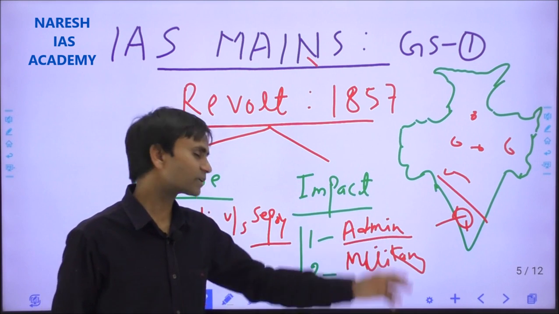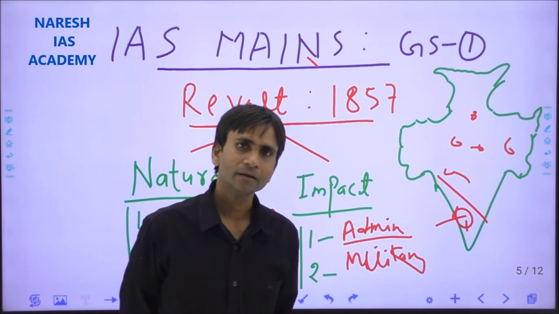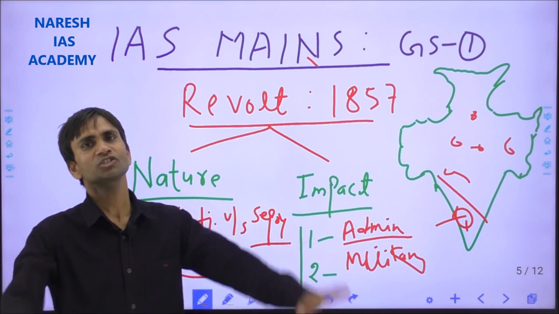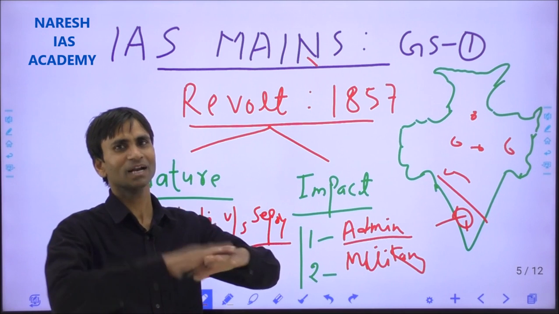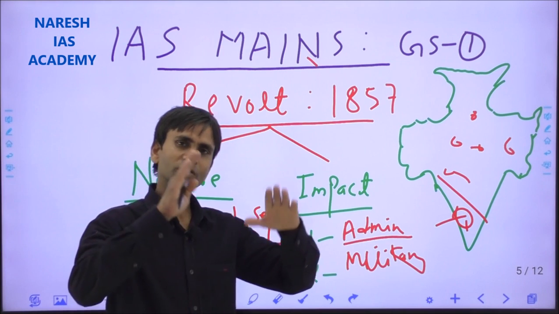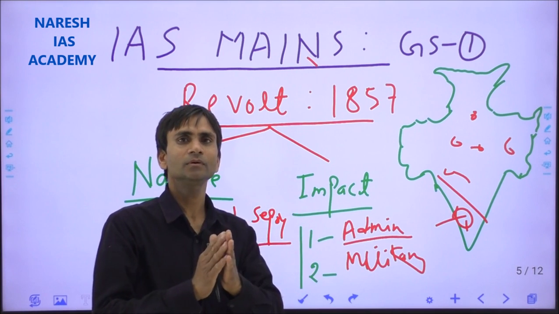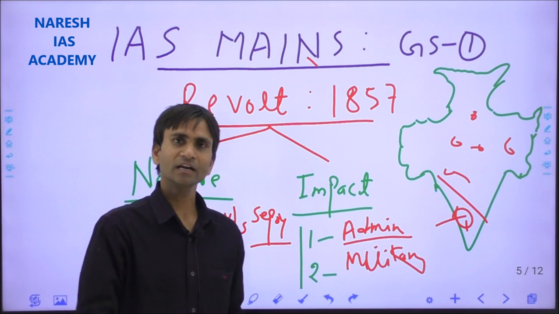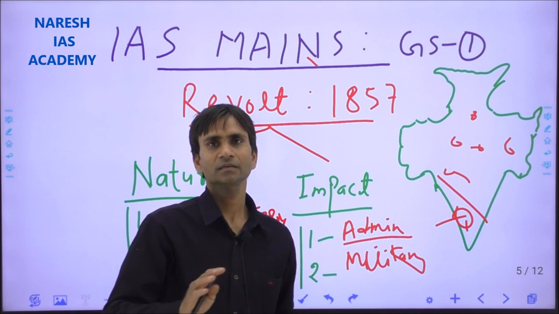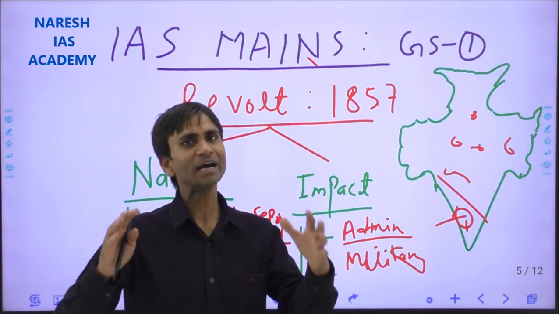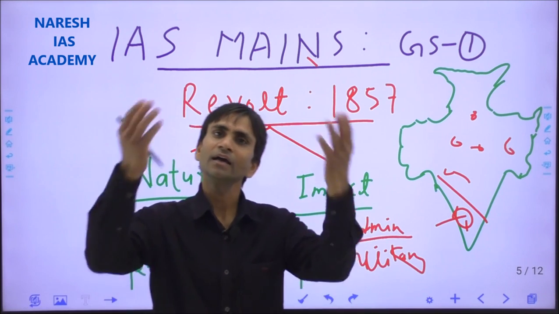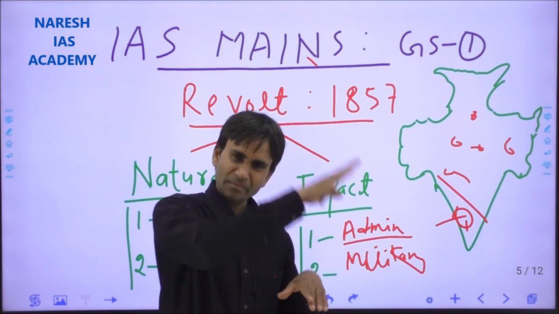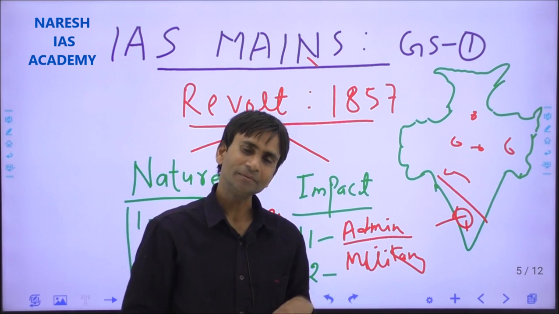In the economic sector, we can say the economic aims or objectives were not changed; they were continued. The main objective was to maintain or increase the revenue sources and obtain maximum economic benefits from India, as maintained by the East India Company.